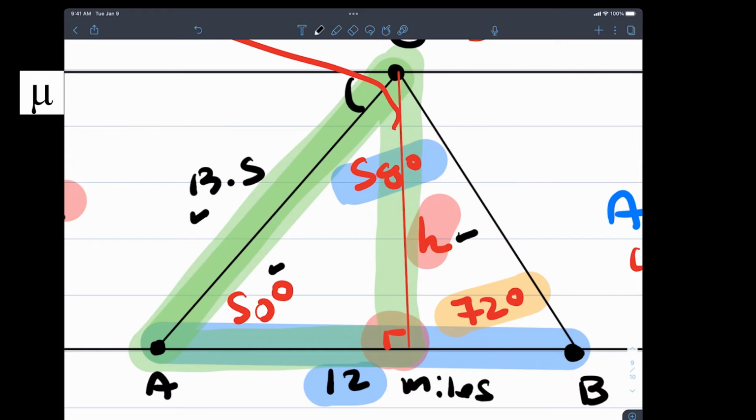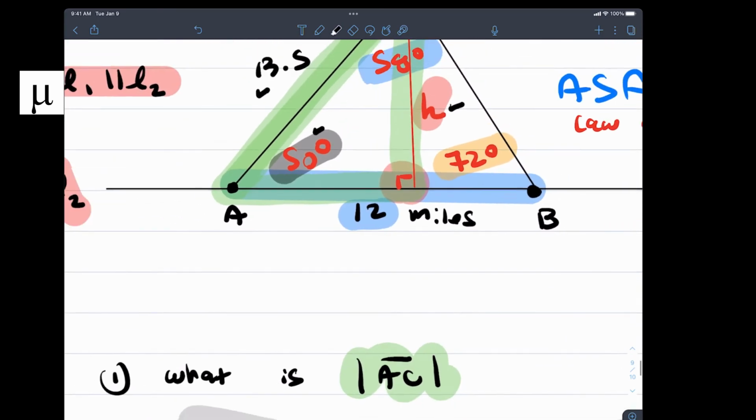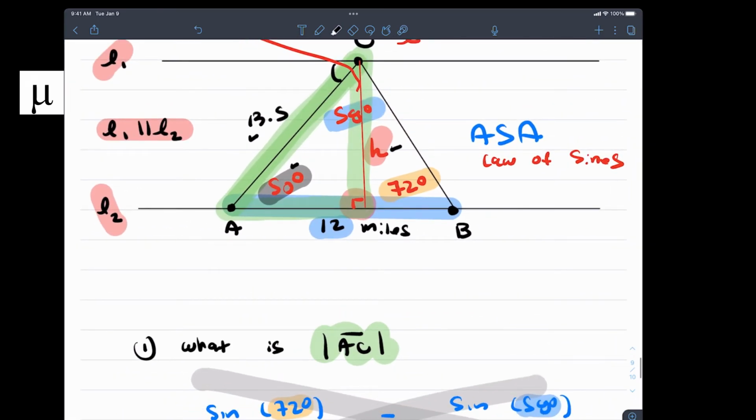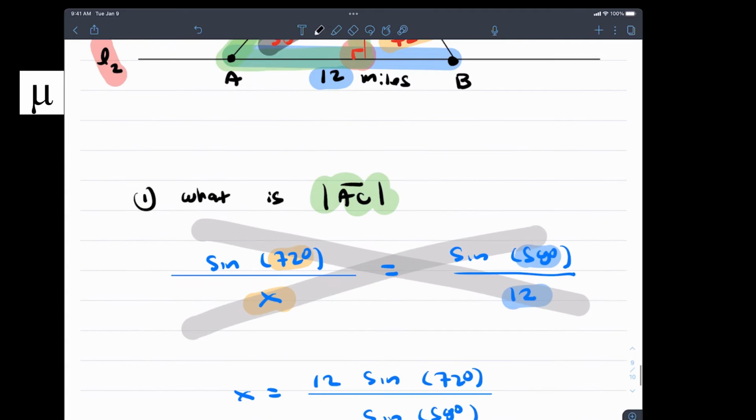If I use this 50 degrees now, don't I have opposite over hypotenuse? So what ratio is opposite over hypotenuse now? For H, if they want to find H, because they're going to say now, question 2, what is H?